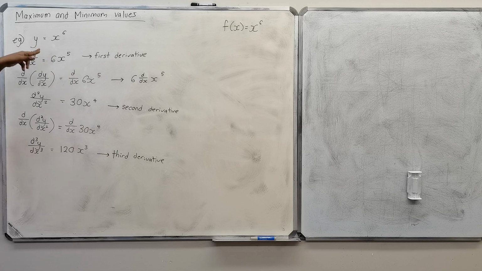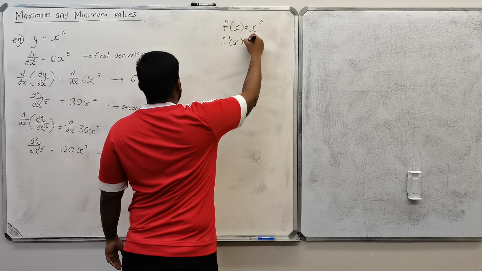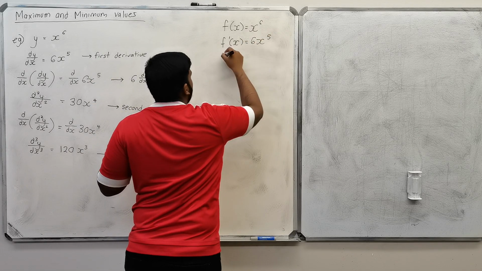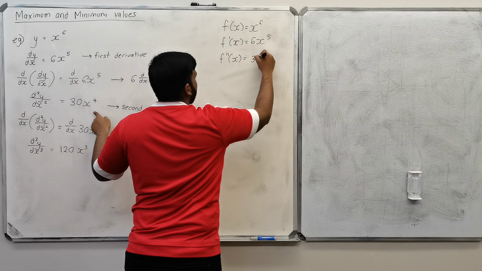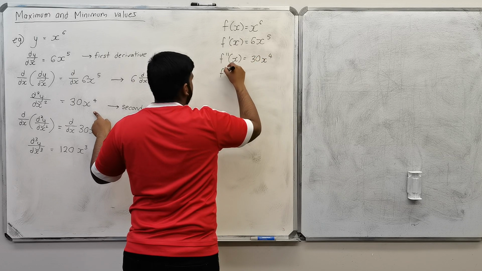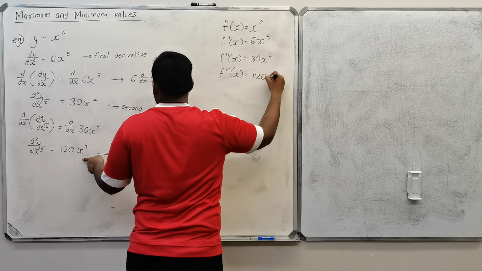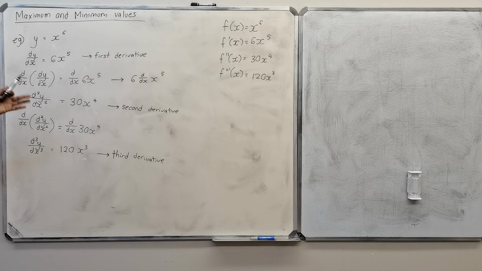So another way of saying everything we said was that f prime x is equal to 6x to the 5, f double prime x is equal to 30x to the 4, f triple prime x is equal to 120x to the 3. Another way of saying first, second, third derivative is with the primes, where you add another prime each time.